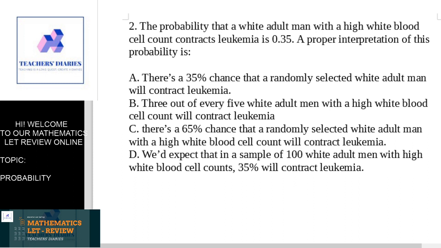B. 3 out of every 5 white adult men with a high white blood cell count will contract leukemia. C. There's a 65% chance that a randomly selected white adult man with a high white blood cell count will contract leukemia. And D. We'd expect that in a sample of 100 white adult men with high white blood cell counts, 35% will contract leukemia.